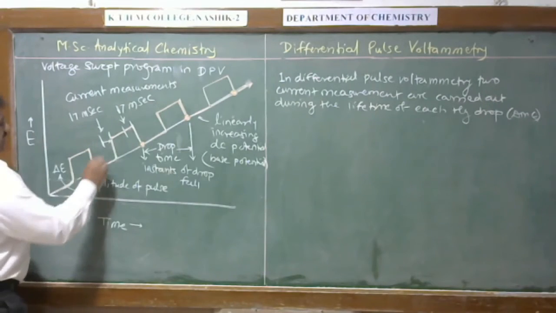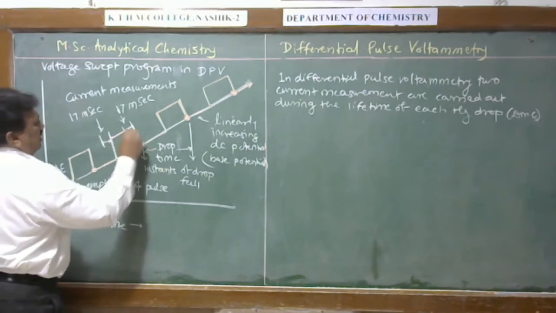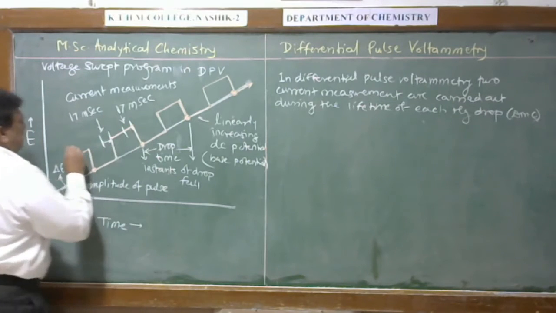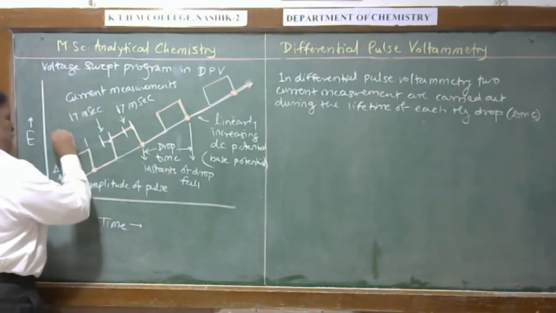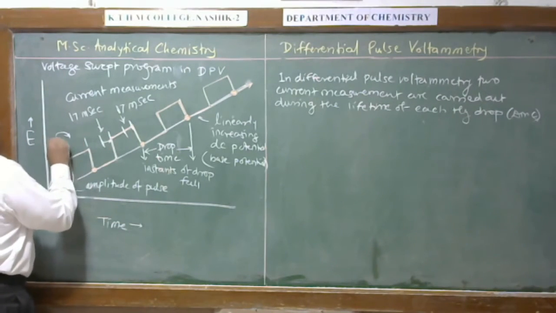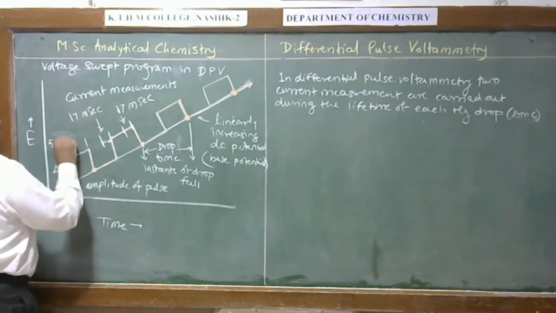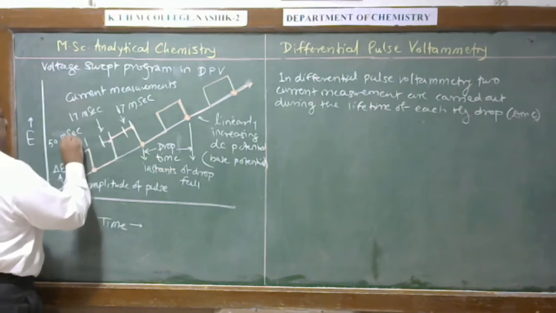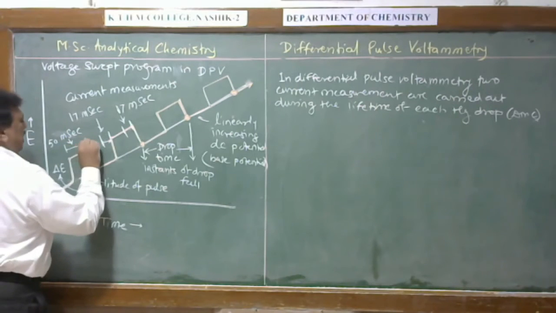Now one measurement is here and another measurement is here, and this is a time of 50 millisecond where a potential pulse is applied.